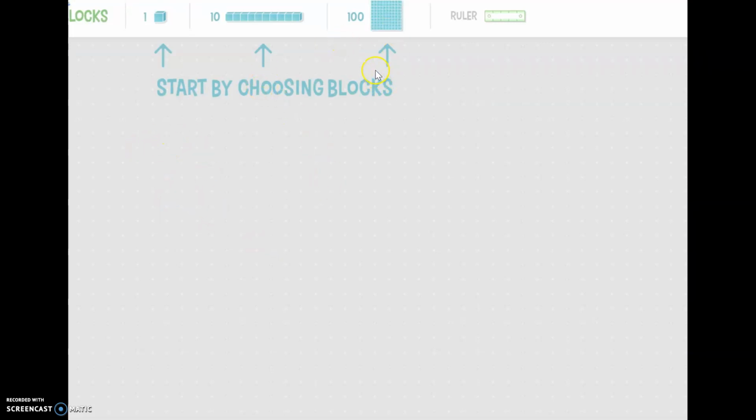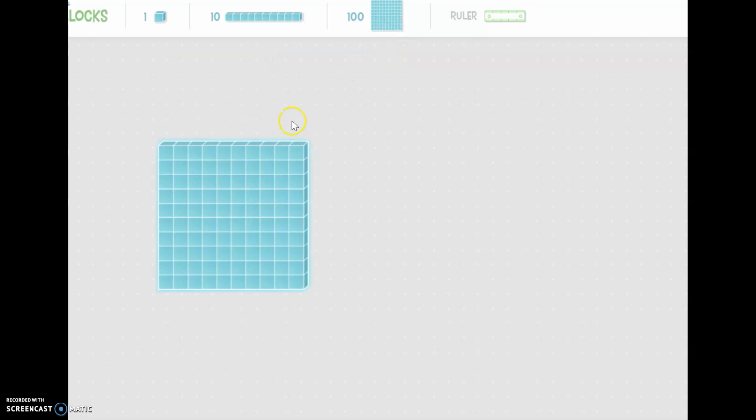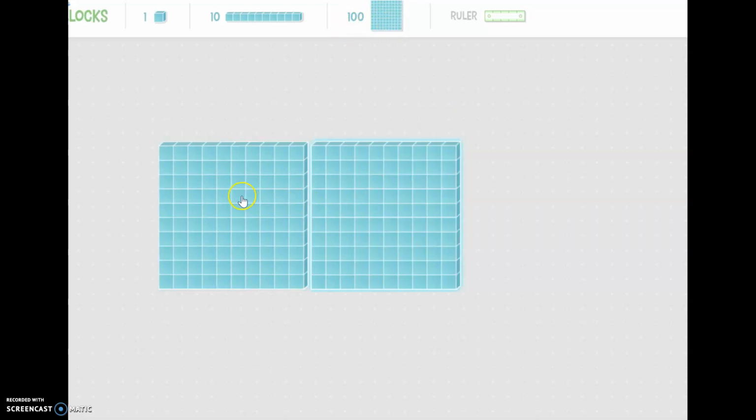Now let's look at this awesome website we have here. So say I want to write the number. Let's see, I'm going to drag this over here. This is 100. Look up here, it says 100. So this is one flat. So if I had to put two flats, what's the number over here? If all of these longs count up to 100, I have two 100s.